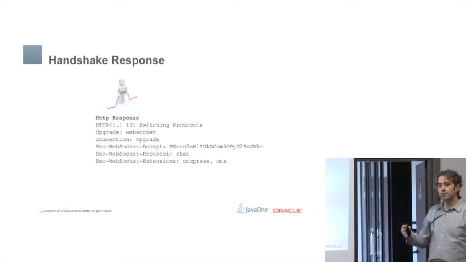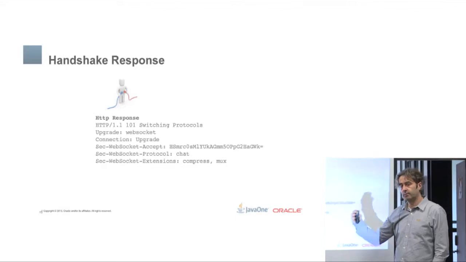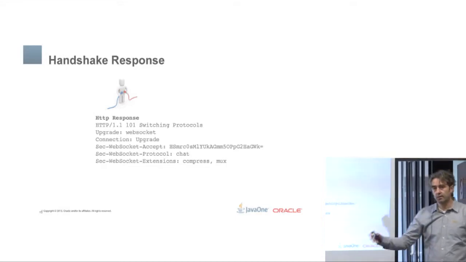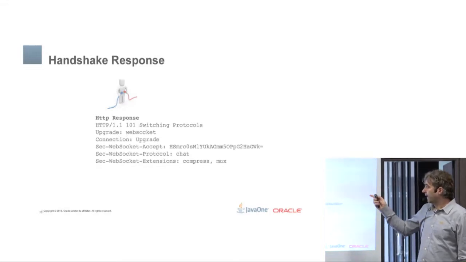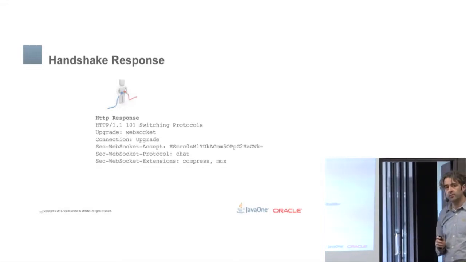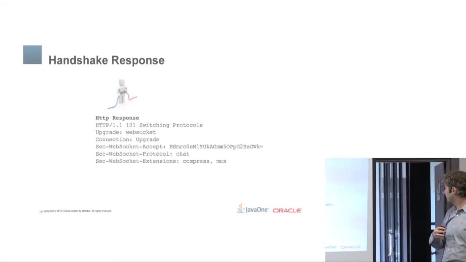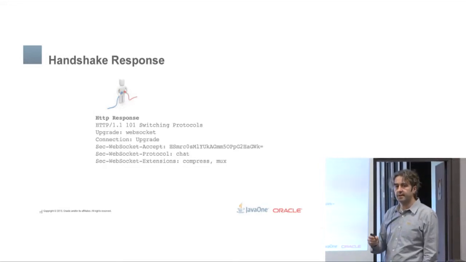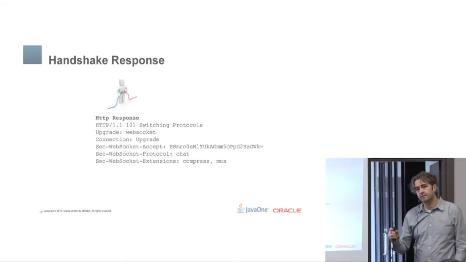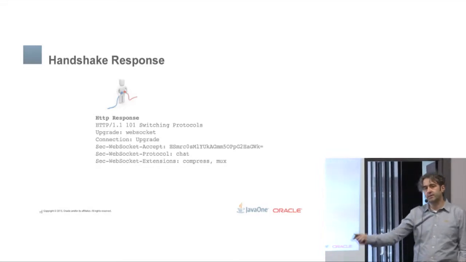It's a way to acknowledge that, okay, I know what the client wants to do, and I understand exactly what you want to do. So it's basically an ACK, and now the connection is agreed to be a WebSocket connection. From now on, we can do standard WebSocket messaging. Something important to mention is that it's always the client side that needs to start the connection. The server cannot start a connection.